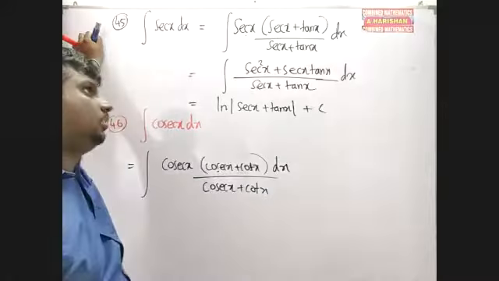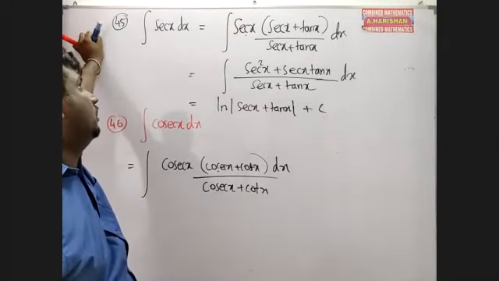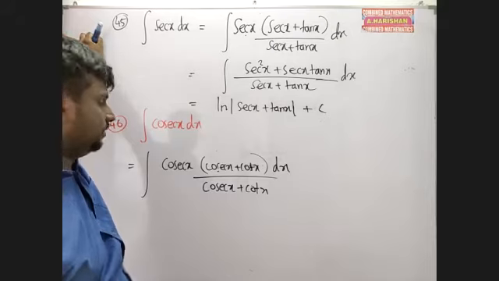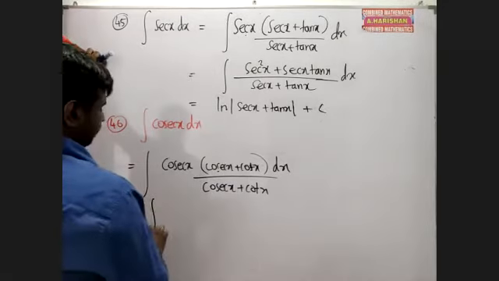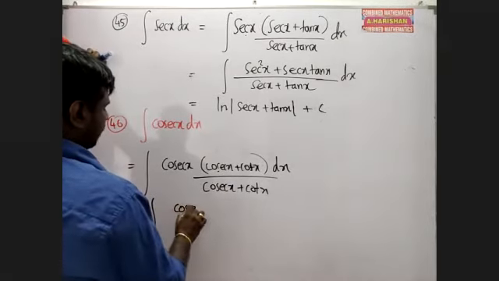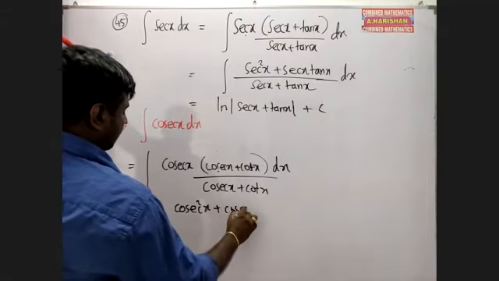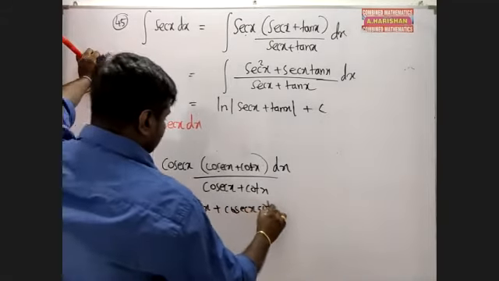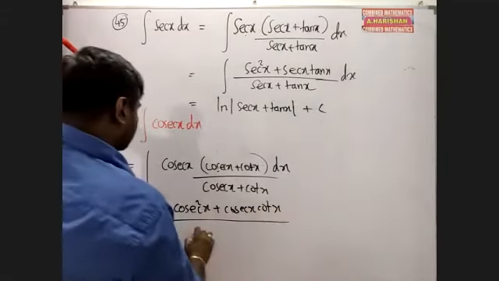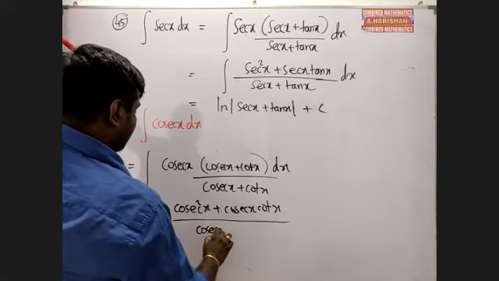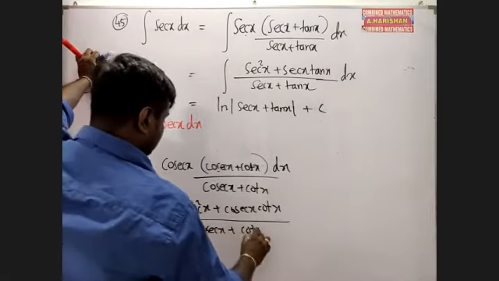Then you will understand. If you multiply, you get cosec square x plus cosec x cot x over cosec x plus cot x.